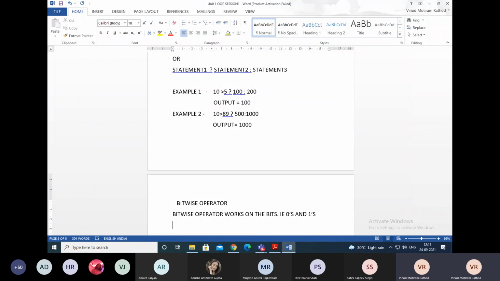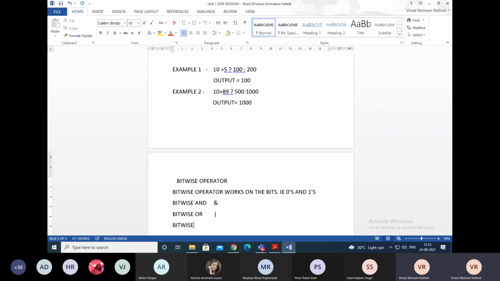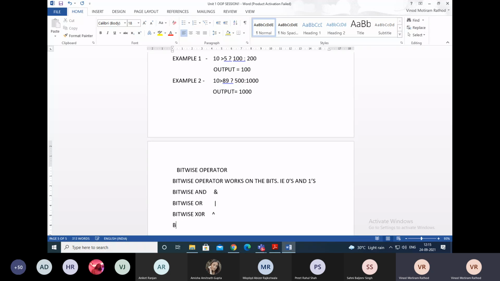Similarly, we have bitwise AND, which is shown by a single ampersand sign. Then we have bitwise OR, which is shown by a single vertical line. Then bitwise XOR, and then what else do we have?